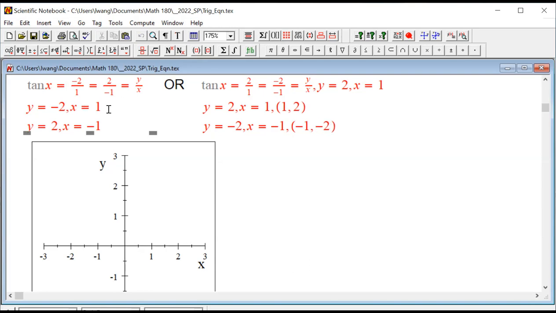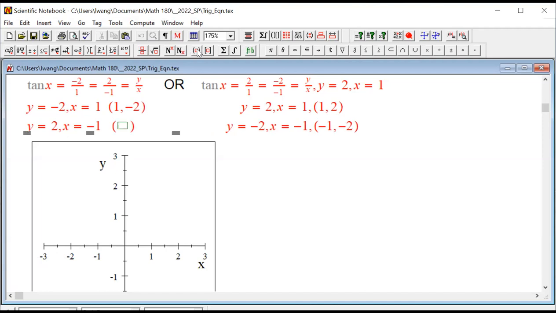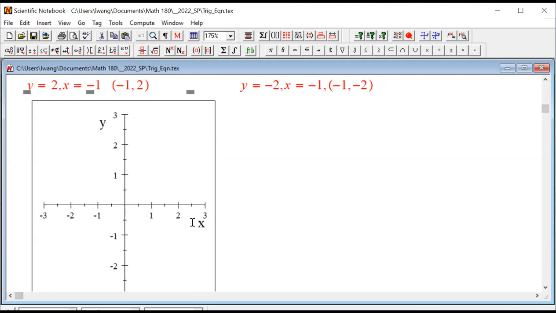In this case it is 1, -2, and in this case it is -1, 2. So we have all these 4 points. It looks like we have all 4 cases.